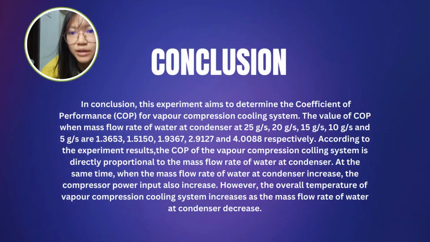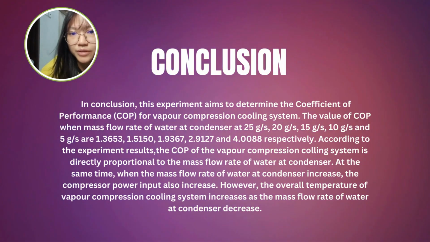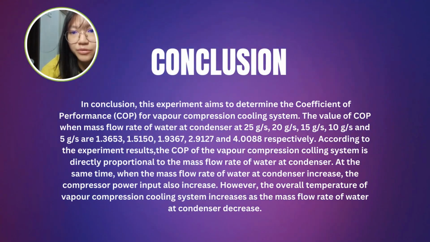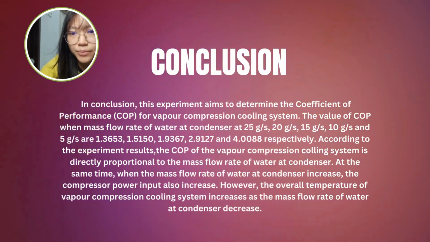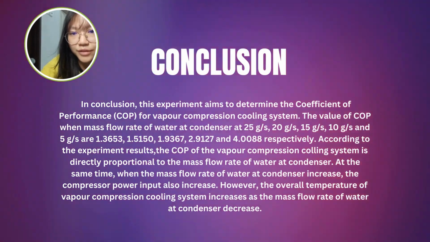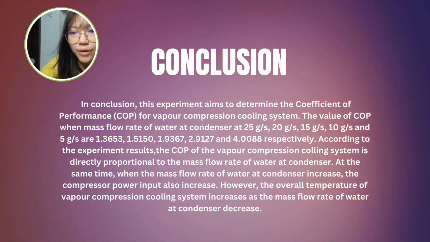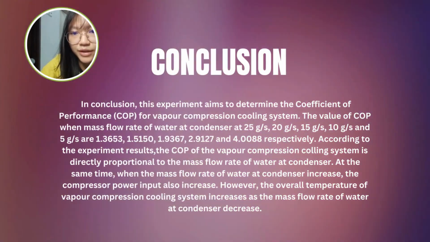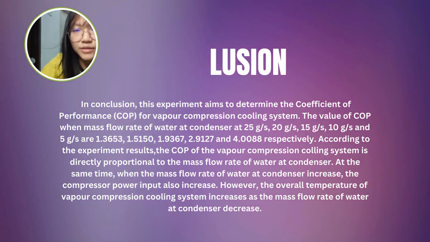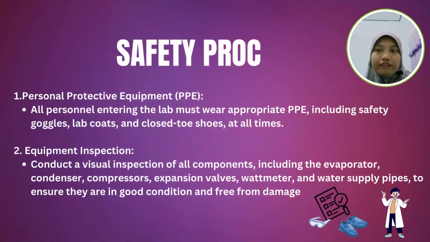According to the experiment results, the COP of the vapour compressor cooling system is directly proportional to the mass flow rate of water at the condenser. At the same time, when the mass flow rate of water at the condenser increases, the compressor power input also increases. However, the overall temperature of the vapour compressor cooling system increases as the mass flow rate of water at the condenser decreases.